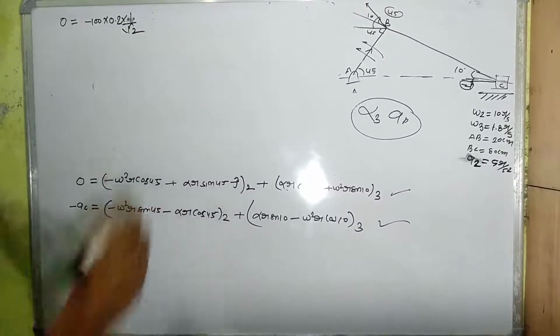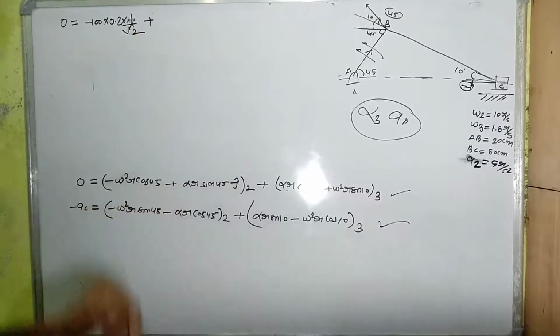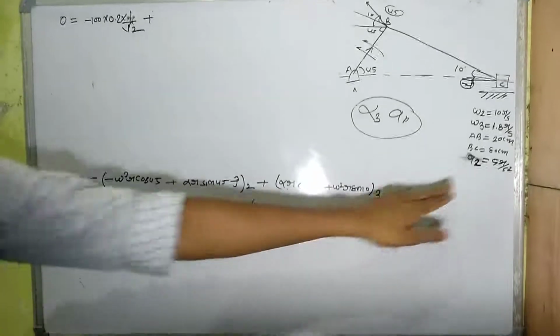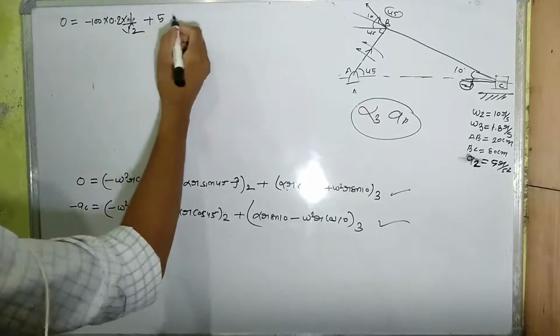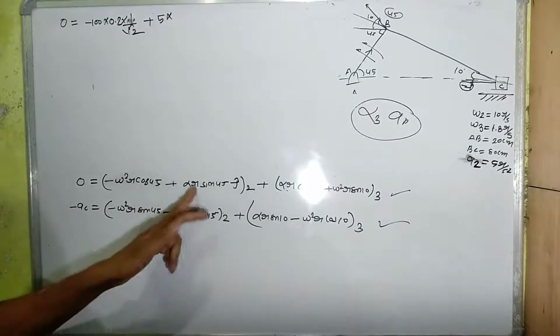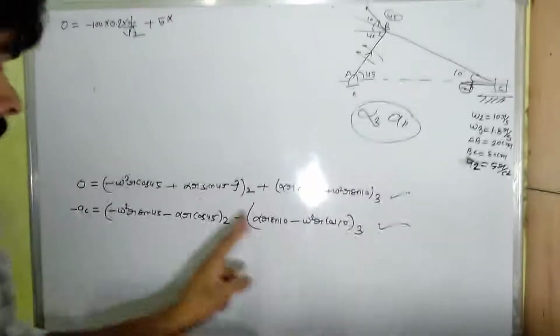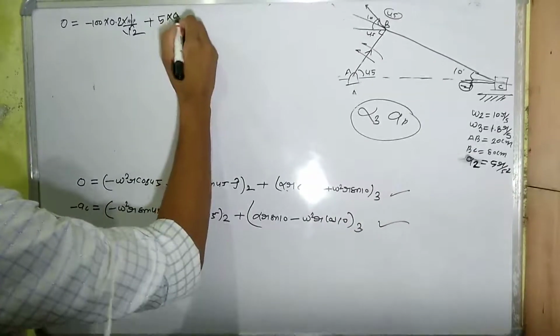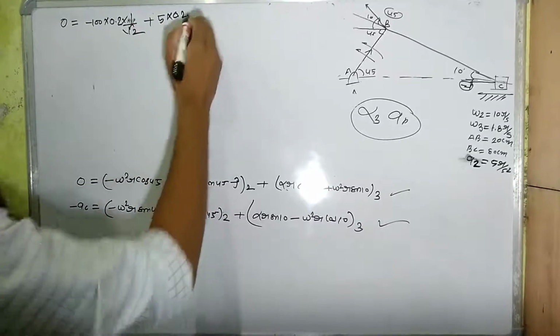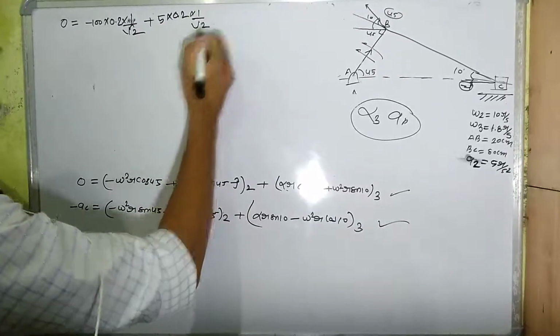Okay, plus alpha 2, can you tell me alpha 2? Yeah, alpha 2 you have given, this is the alpha 2, 5 radian per second. So 5 into, can you tell me r for second link, so 0.2, and sin 45 again 1 by under root 2.